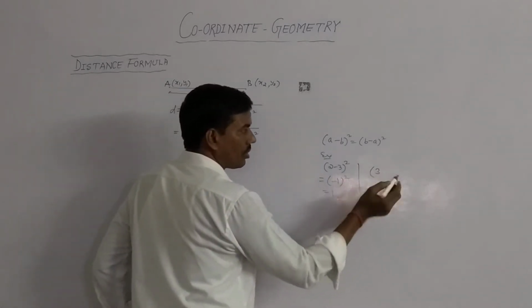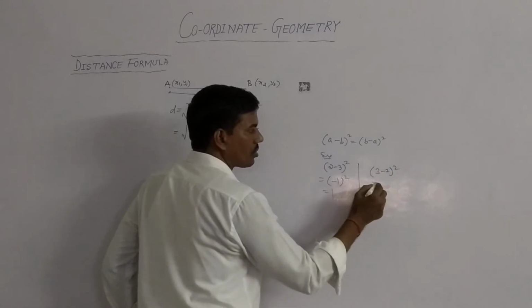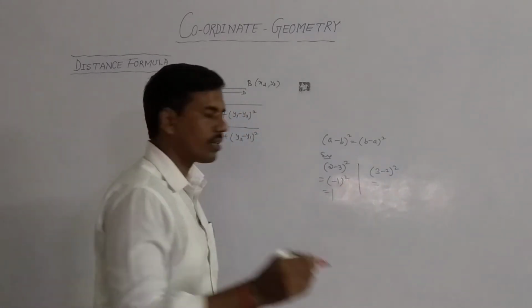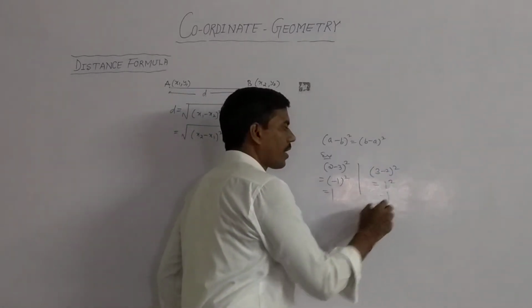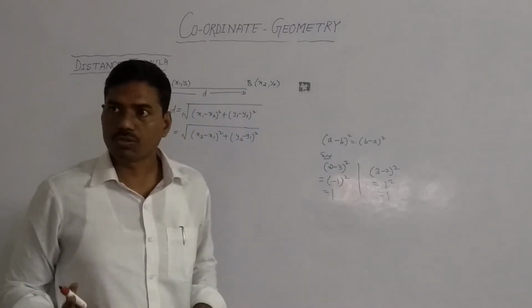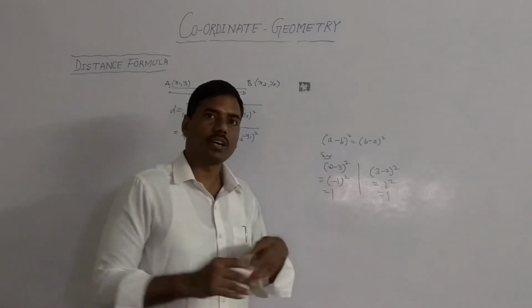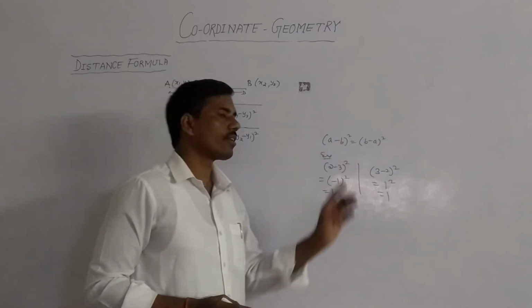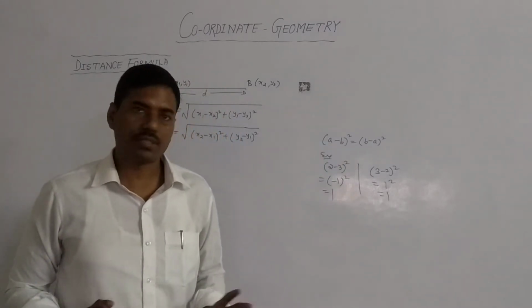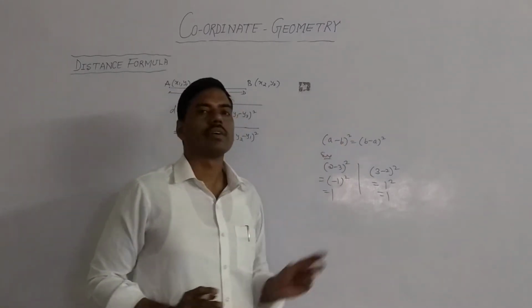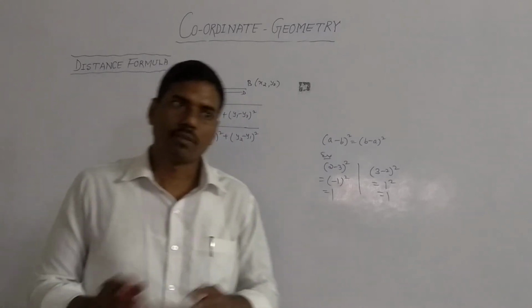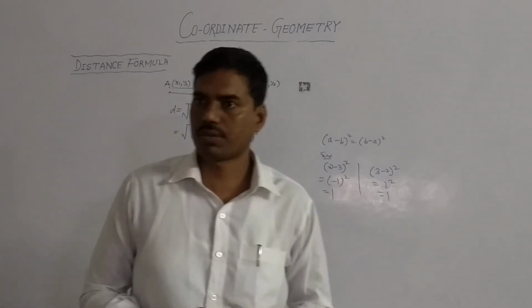And if we write (3 minus 2) to the whole square, 3 minus 2 is 1, and 1 squared is also 1. In this way we are free to write a minus b or b minus a, since squaring makes negative into positive. Clear?